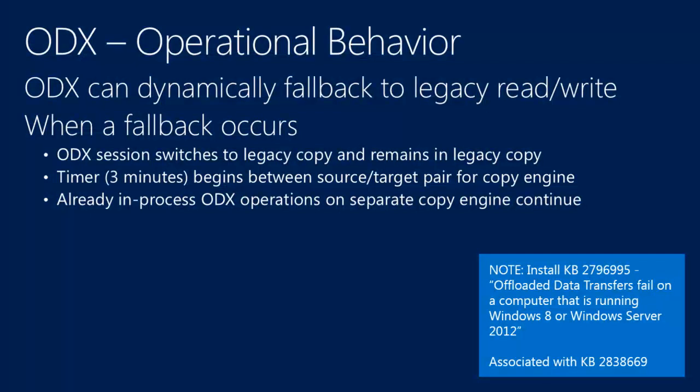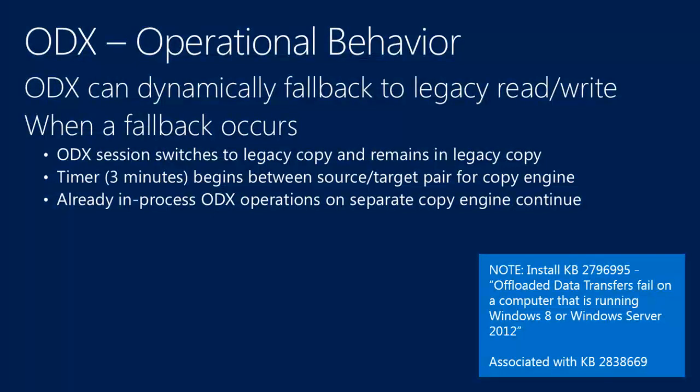Now, we talked about these copy engines, right? So if one of those copy engines has an ODX failure and it falls back to read-write, for the remainder of that file copy, it will continue doing that legacy read-write. It will also have generated, in the context of the copy engine, a 3-minute timer, and it'll start counting down.